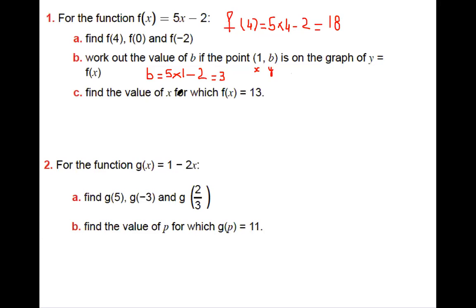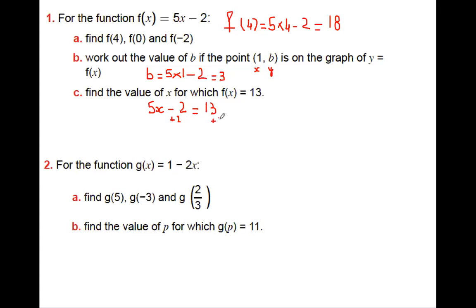Now find the value of x for which f of x equals 13. So now we've got the output of our function, and we need to find out what we need to put in. So basically, it means solving this equation: 5x minus 2 equals 13. What do we need to put inside this function as an x to get the output 13? First of all, to get rid of the take away 2, we add 2.